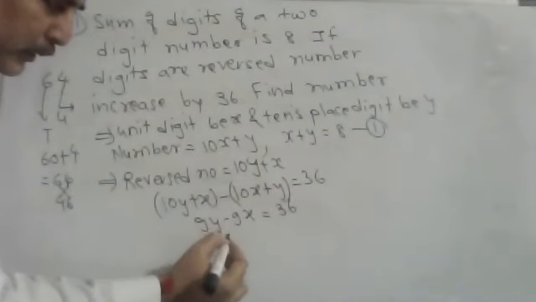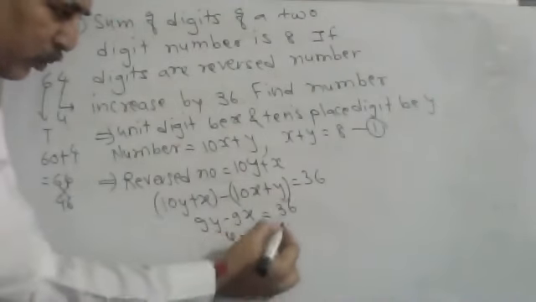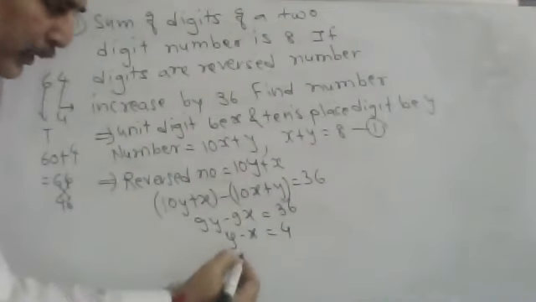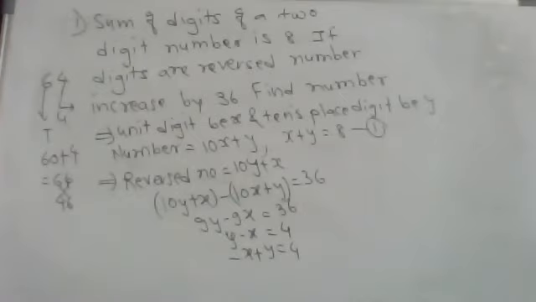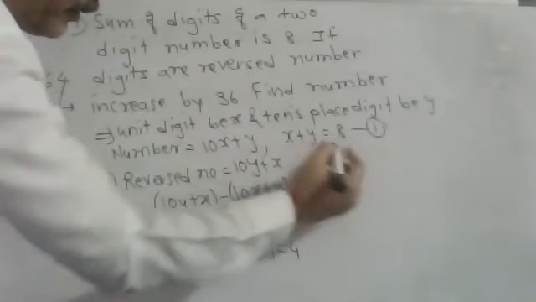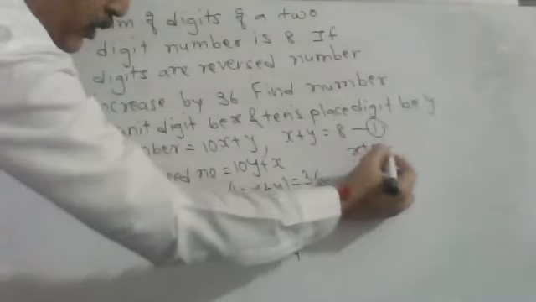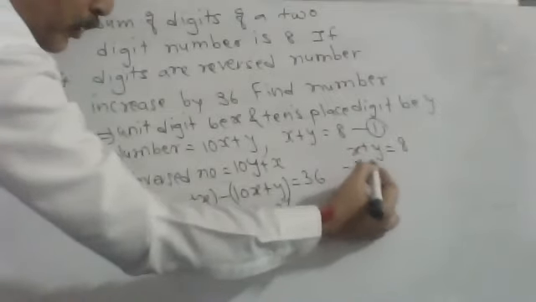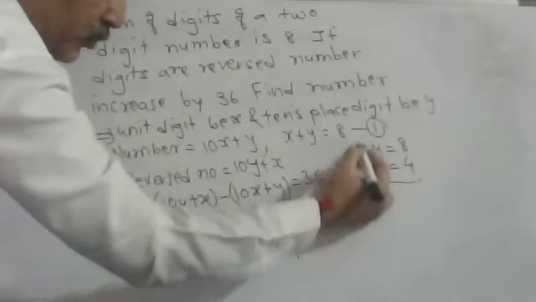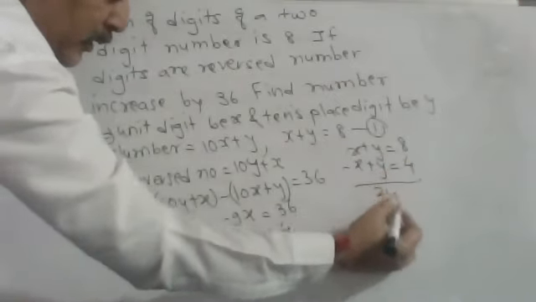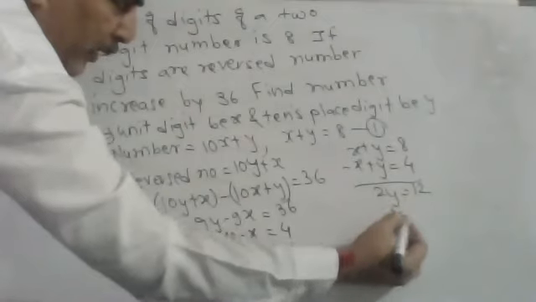So y minus x is equal to 4. It means minus x plus y is 4. X plus y is 8, we know. Minus x plus y is 4. This will get cancelled. 2y is equal to 12. Y is equal to 6.